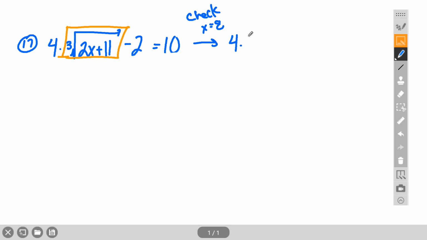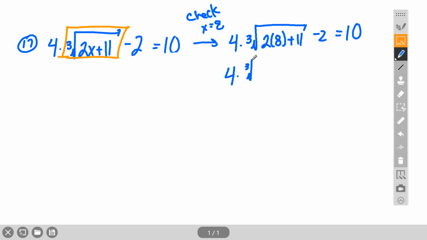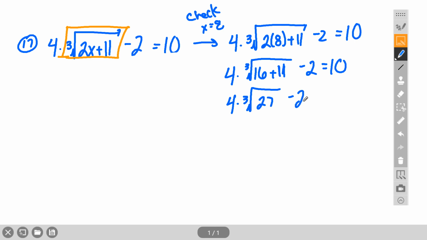So I got 4 times the cubed root of 2x, so 2 times 8 plus 11 minus 2 equals 10. So that's 4 times the cubed root of 16 plus 11 minus 2 equals 10. That's 4 times the cubed root of 27 minus 2 equals 10.